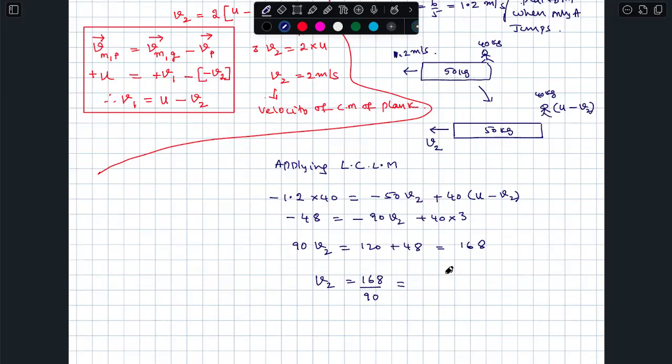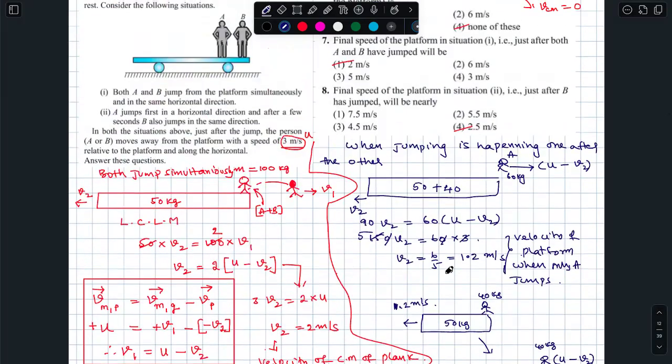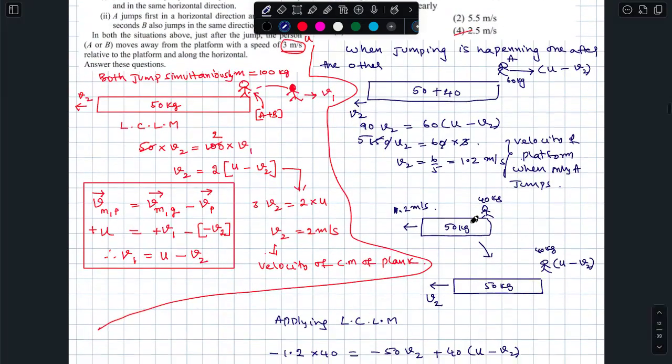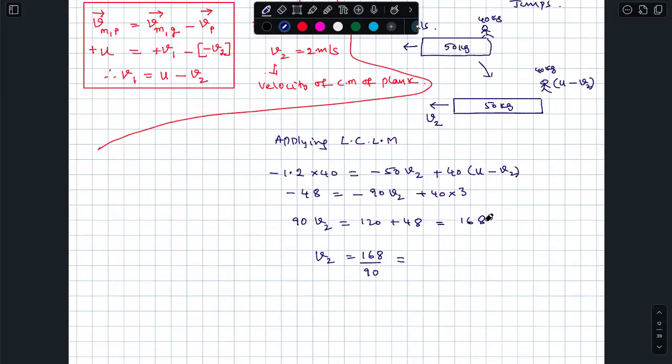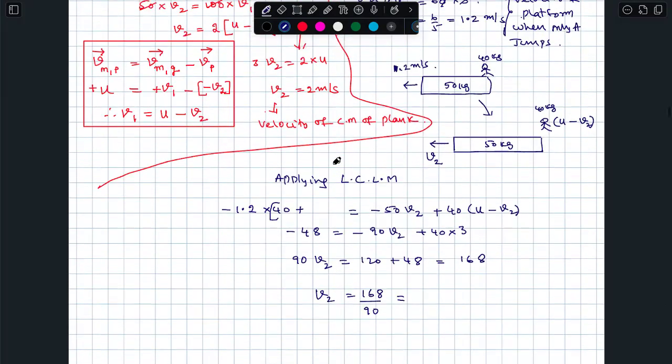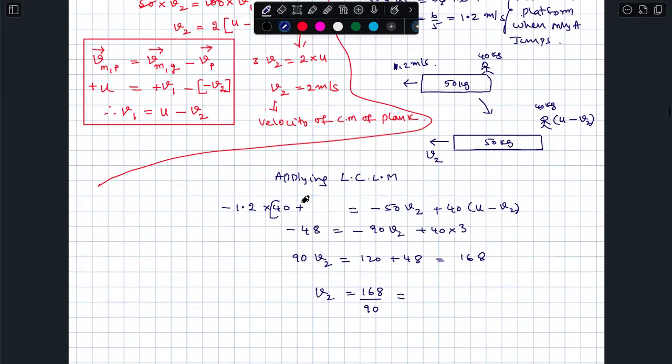I am getting a wrong answer. I have made a mistake somewhere. Let me correct it. Excellent. I have made one mistake here. Here it should be 40 plus 50.